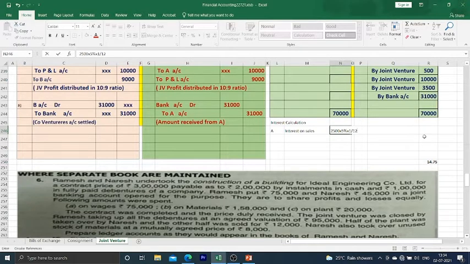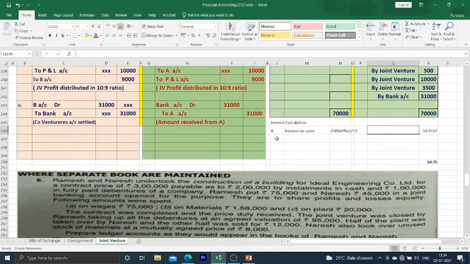So we will calculate 2,500 into 0.05 into 1 by 12.